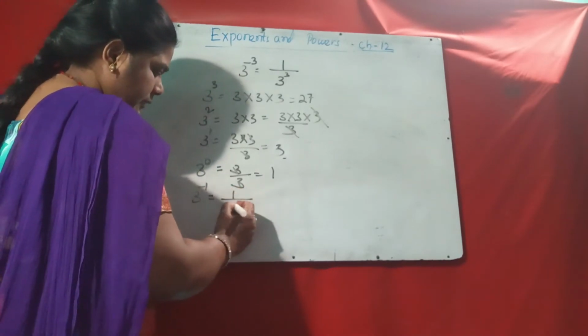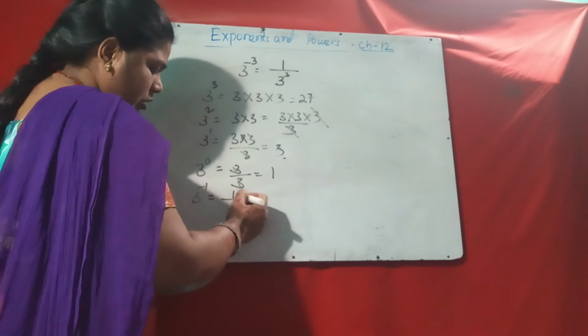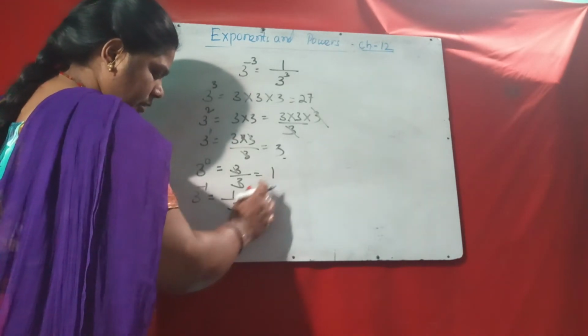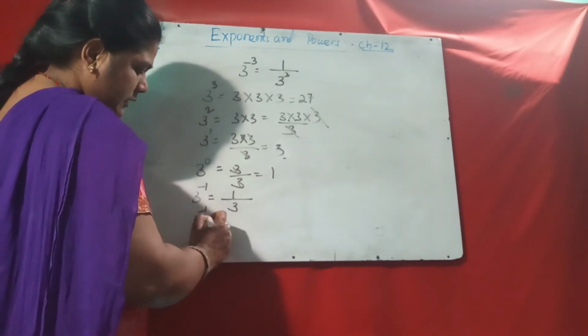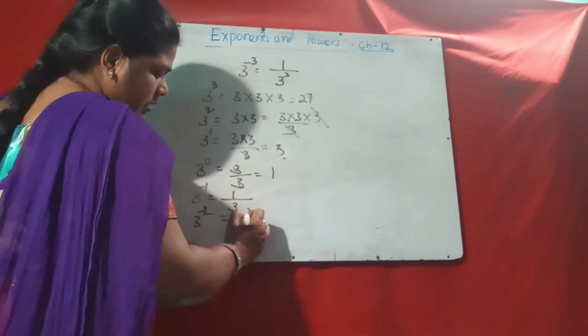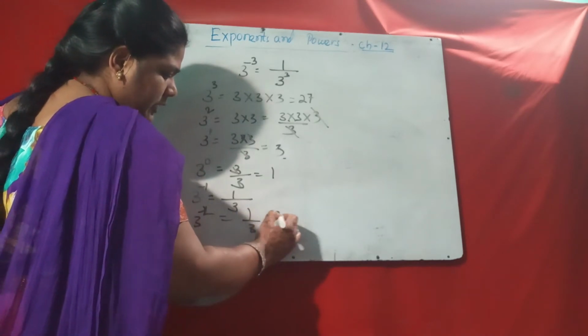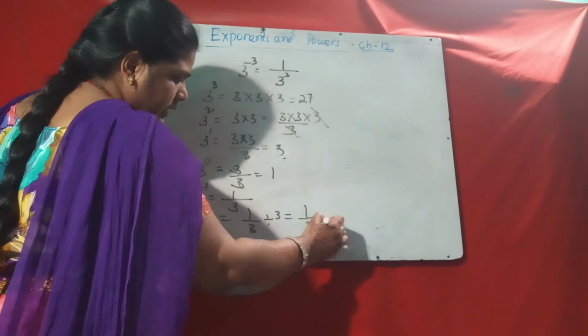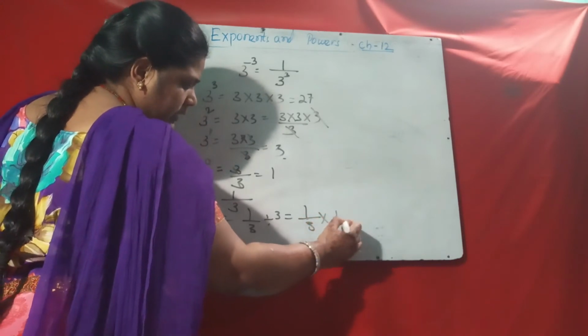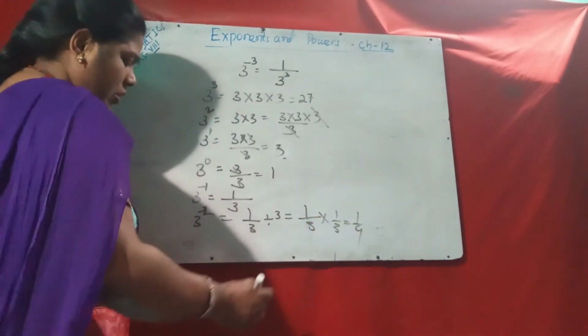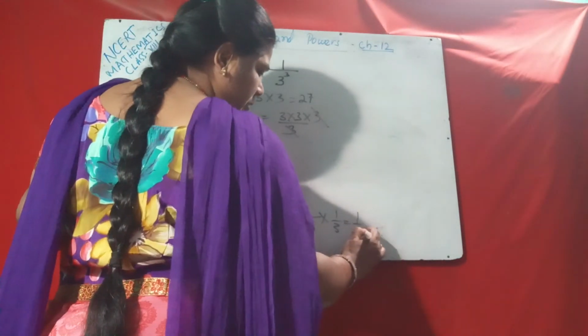Then suppose 3 to the power minus 1 means what? 1 by 3. Then 3 to the power minus 2, that is 1 by 3 divided by 3, that is 1 by 3 into 1 by 3, that is 1 by 9, or 1 by 3 to the power 2.